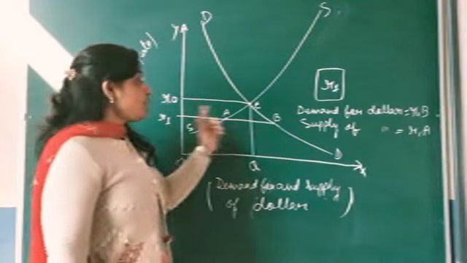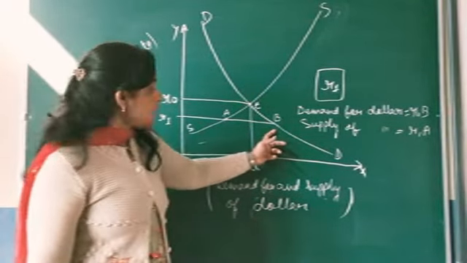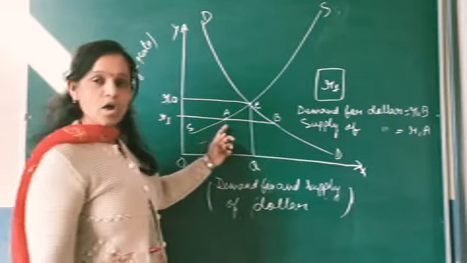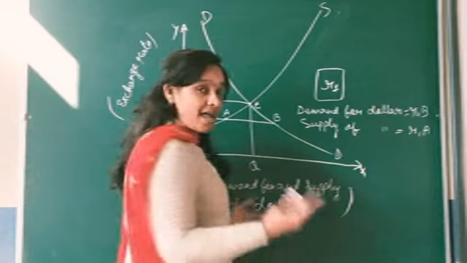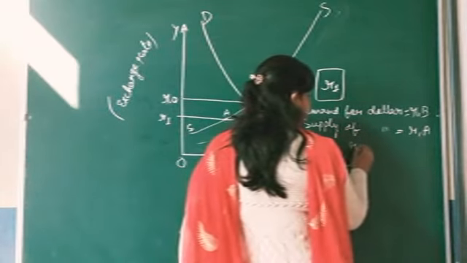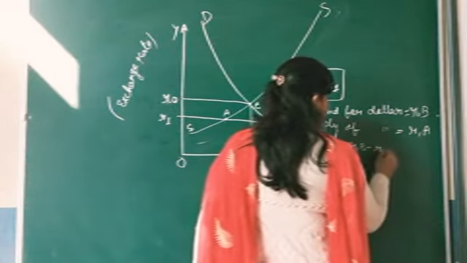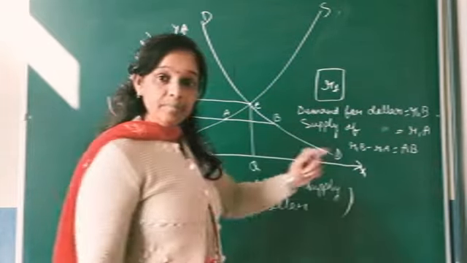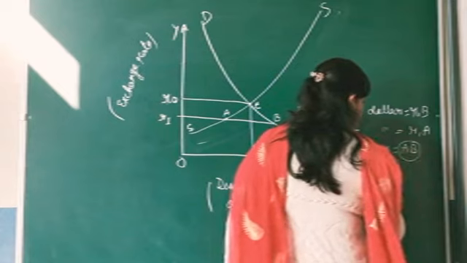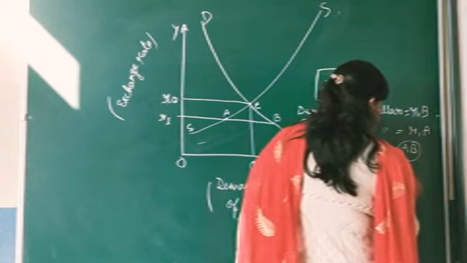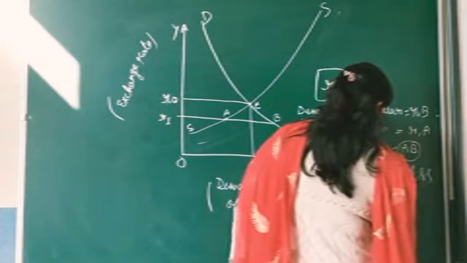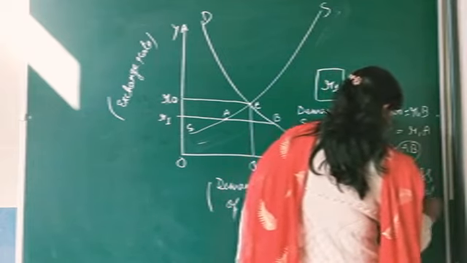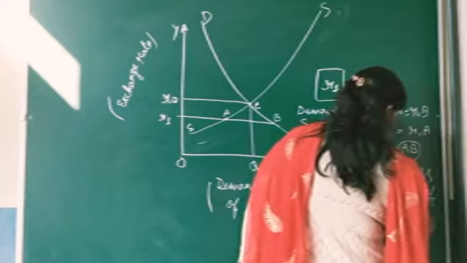Means the demand for dollar R1B exceeds the supply of dollar R1A by how much amount? So we subtract R1B minus R1A, which is equal to AB. So AB is the excess demand of dollar.